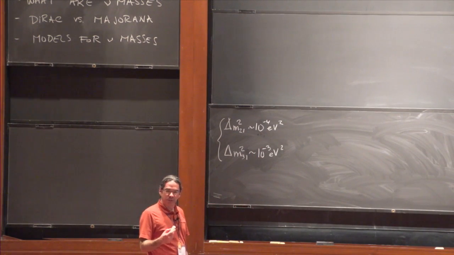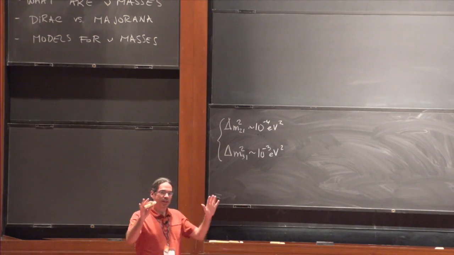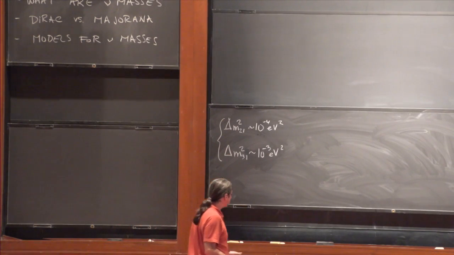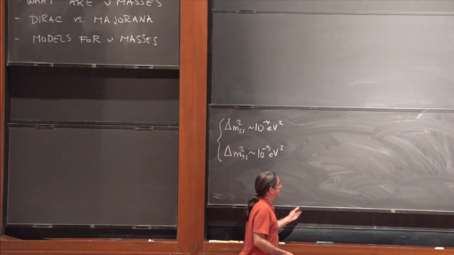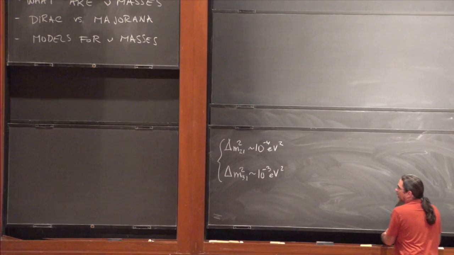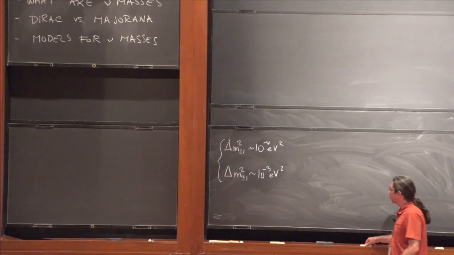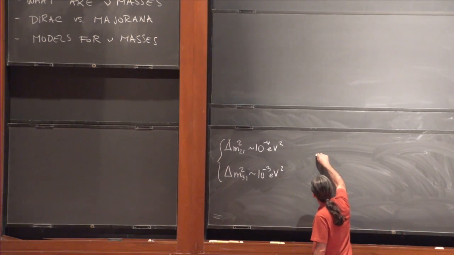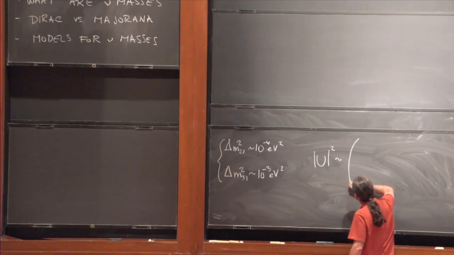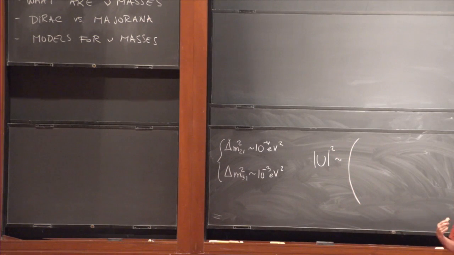And as I wrote down yesterday, we also have a lot of information on the entries of the mixing matrix. Let me tell you what that information is, because it is important for appreciating a couple of things. If you write down the entries of the mixing matrix squared, from the experiments that I tried to describe in a lot of detail in the first lecture and a half, we have information on these numbers squared.